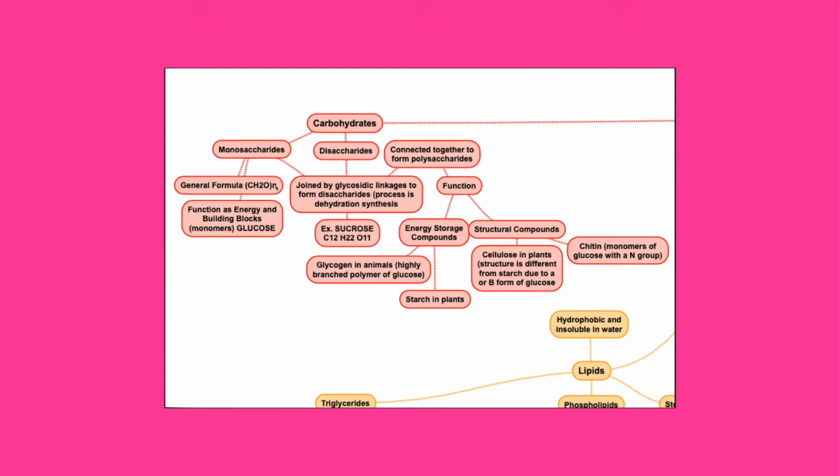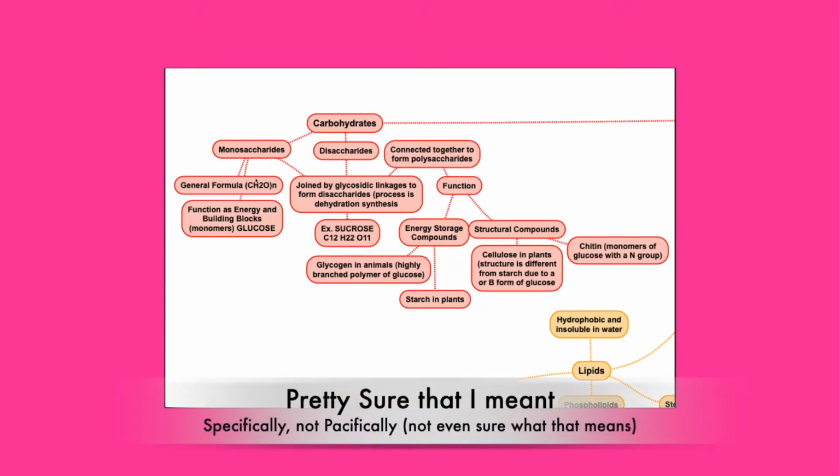So what that number means, it's going to be the number of monosaccharides that are put together to form a disaccharide or a polysaccharide. Now we're talking about carbohydrates. We're also talking about things that are going to be used as energy and building blocks for other things. So carbohydrates, monosaccharides specifically, are going to be monomers, mono meaning single.